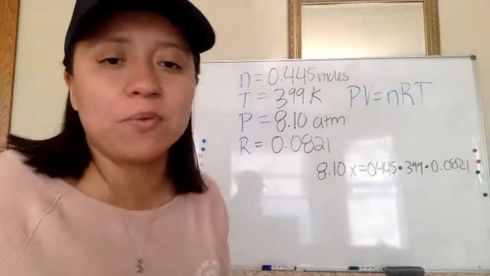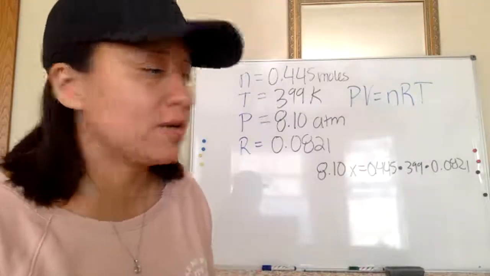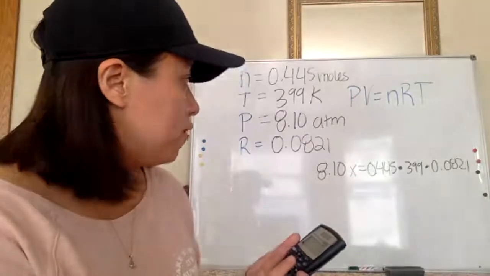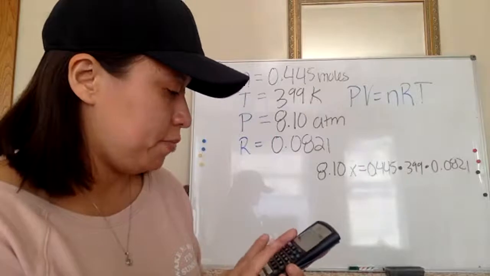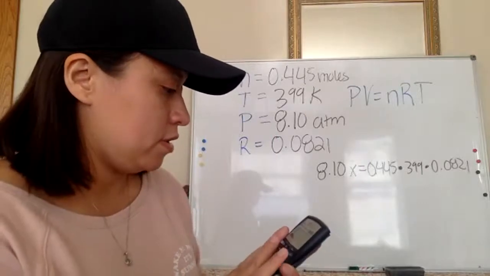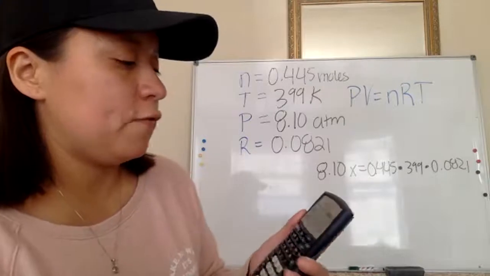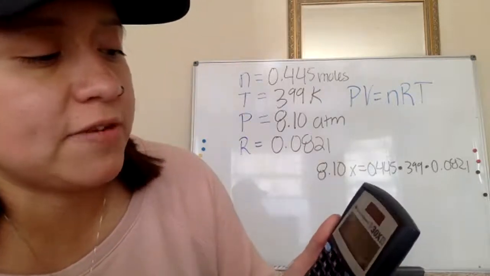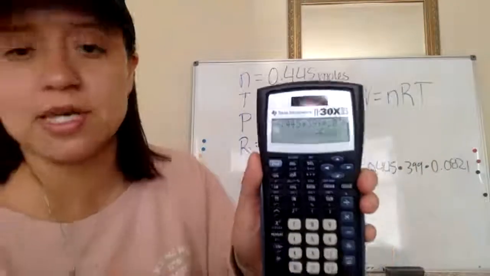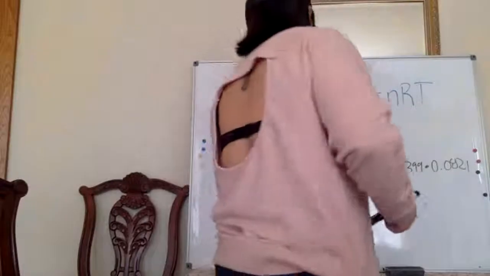It doesn't matter what order you multiply them in, you'll still get the same answer. So it's 0.445 times 399 times 0.0821. You're going to get 14.5772655. I'm not going to round yet. I'm going to leave it like this in my calculator.